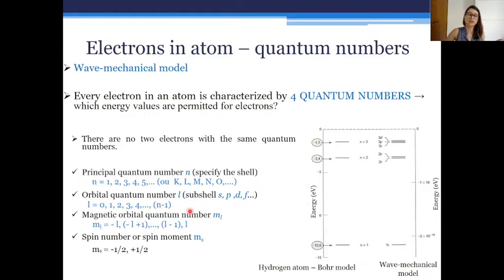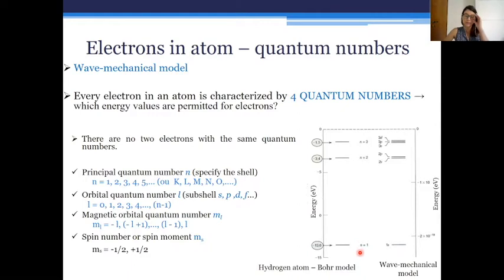The value for l will be from 0 to n-1, so 0, 1, 2, 3, 4, depending on the principal quantum number. You will find mainly the notation for these subshells as s, p, d, f. As you can see, it is represented on this figure for the wave mechanical model.